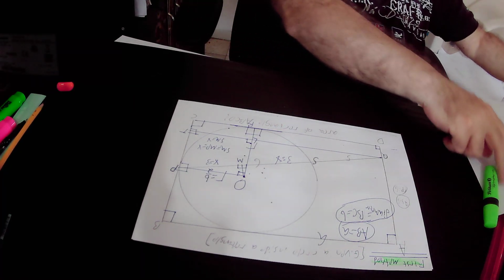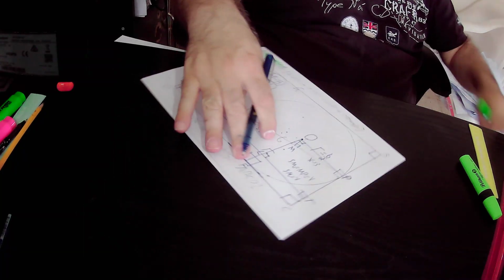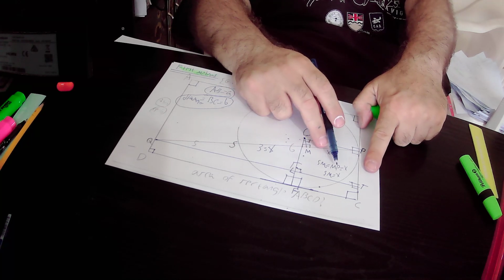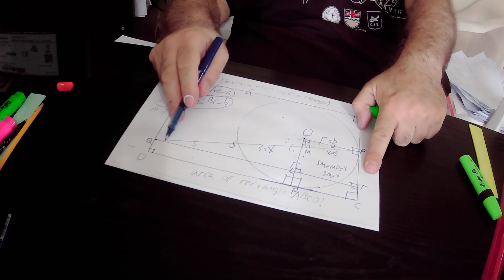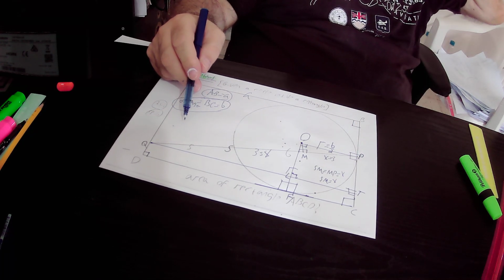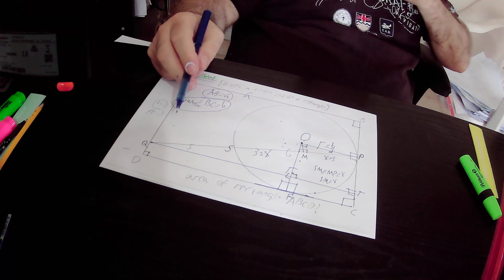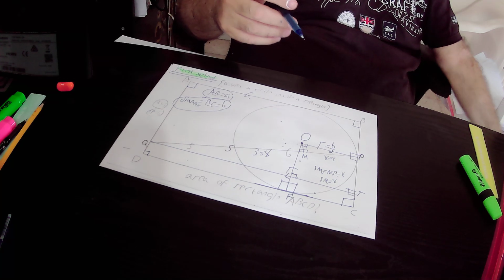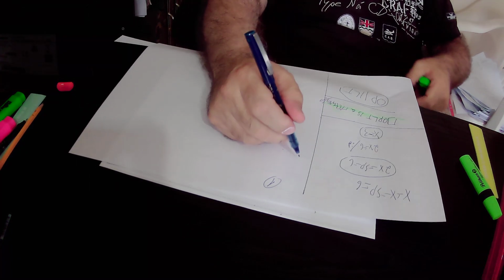But LT is part of QT, and QT is the perpendicular that we drew from point Q. So QT is a perpendicular, it is absolutely a straight line.